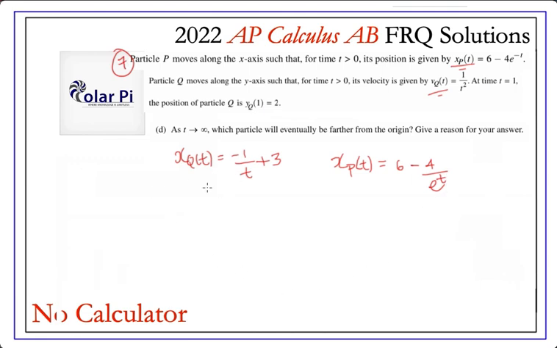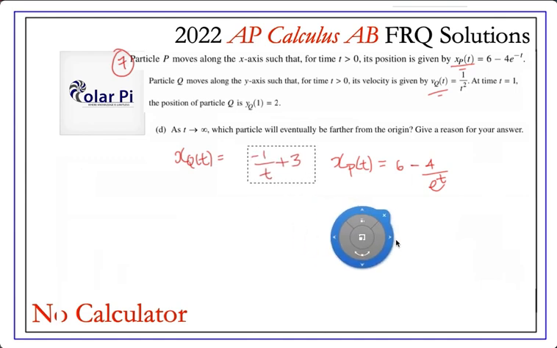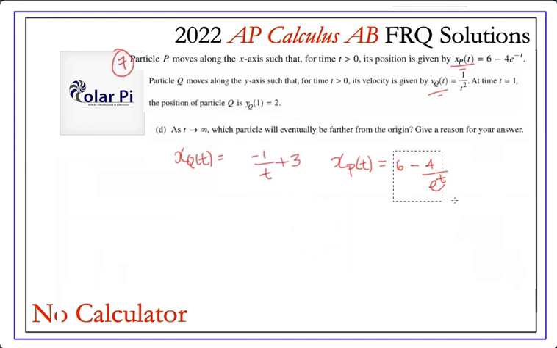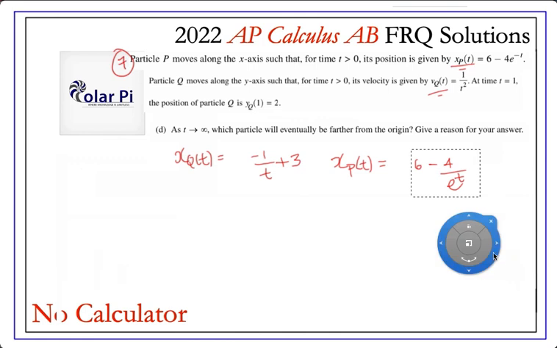Now we need to send both to the limit as t goes to infinity. Let's make a little bit of space. I should have planned ahead right there. Limit as t goes to infinity.